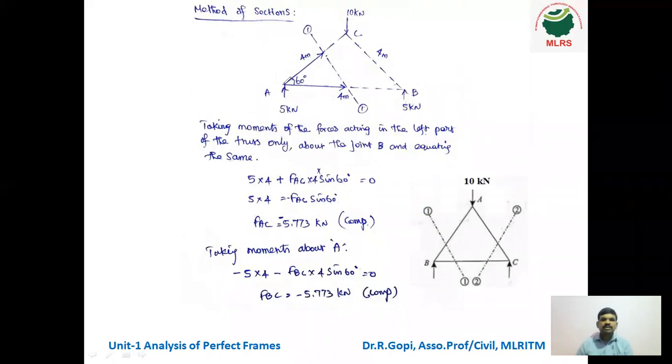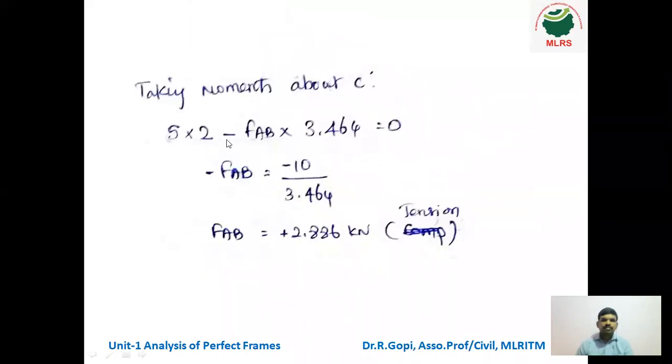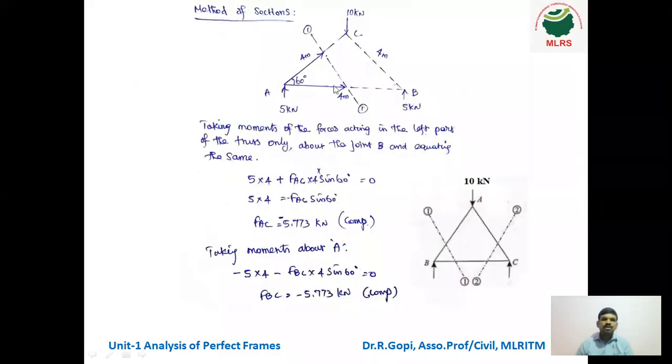The perpendicular distance from joint C is 4 by 2, that is 2 meters. So 5 into 2, then minus FAB into 3.464. 5 into 2 is clockwise.